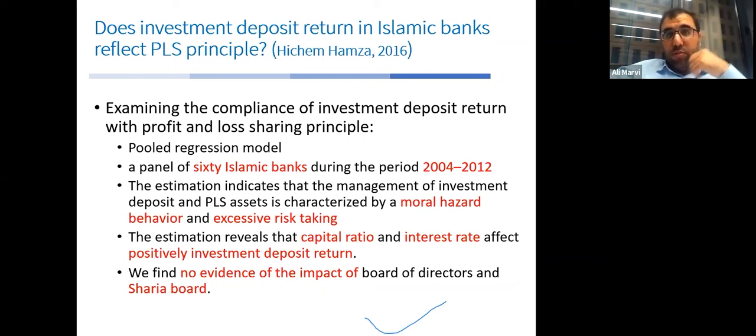So it should not be the case that we observe a significant positive relationship between the rate of return of the PLS contracts and the interest rate or the capital ratio. But still, it has happened for these 60 Islamic banks during this period.